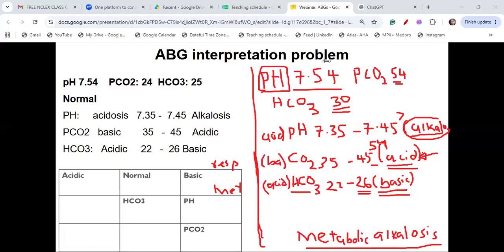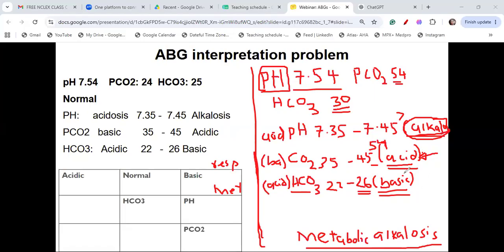Someone is asking, what do you mean by matching the pH? Matching the pH means that alkalosis matches basic. Acidic matches acidosis. So in this question, we started by saying our pH is basic or alkalotic.